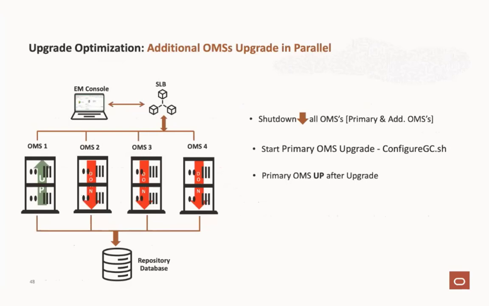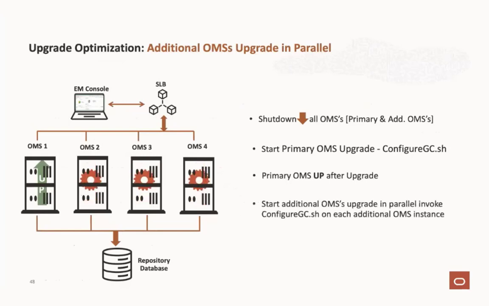But what you can do is, on the additional OMS instances, you can trigger the installation in parallel, and it gets picked up, it gets configured, meaning the upgrade will pick up all the configuration, and then it executes on each of the nodes in parallel, and it gets completed, and then it comes out of the session. Once the upgrade is completed, the OMS gets started automatically on each of the additional OMS instances. So this is the parallel OMS upgrade.